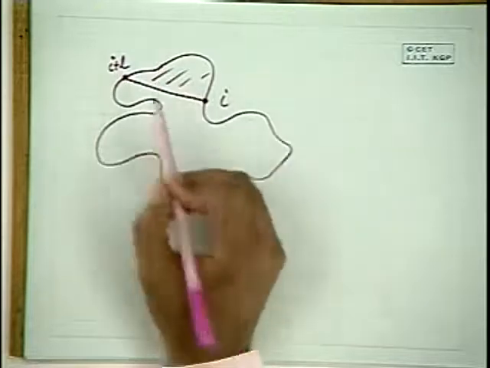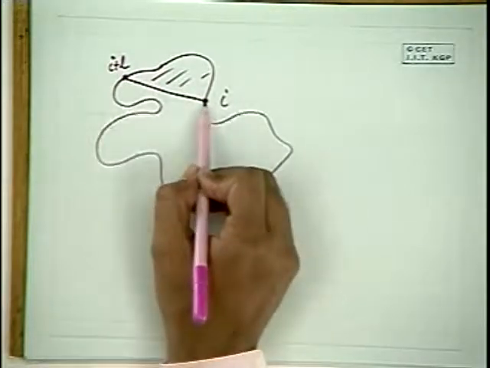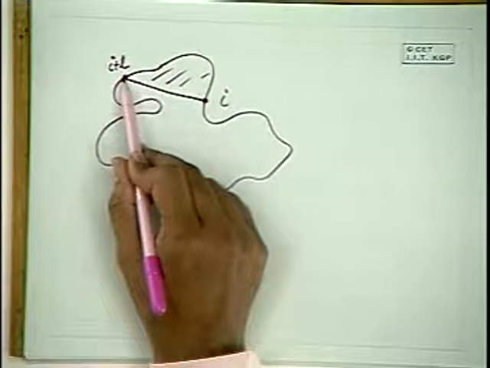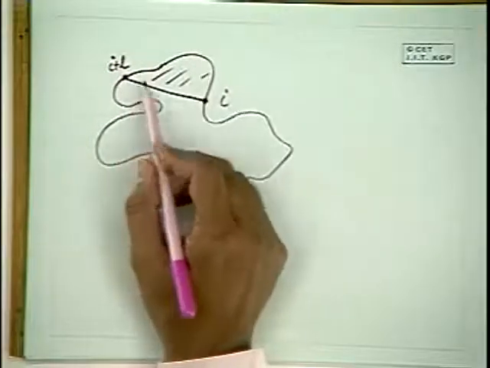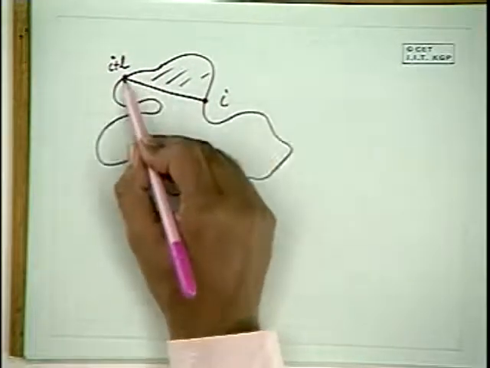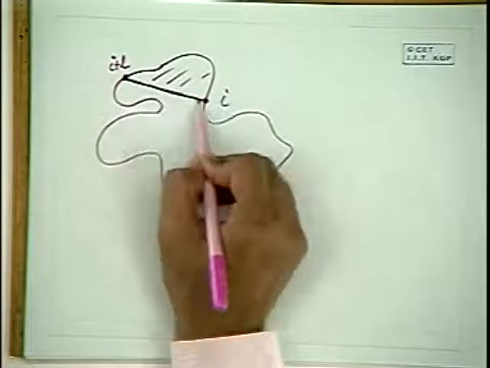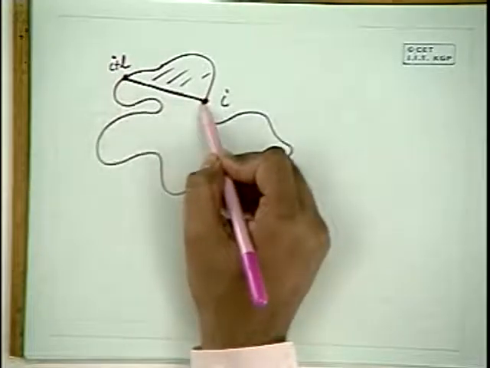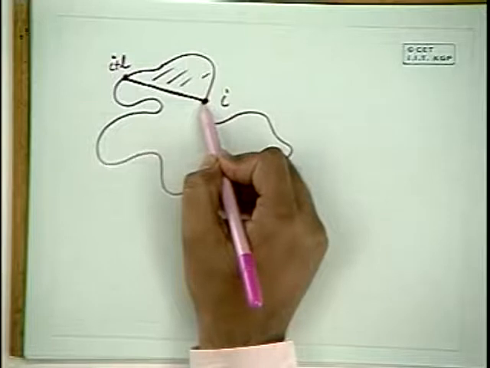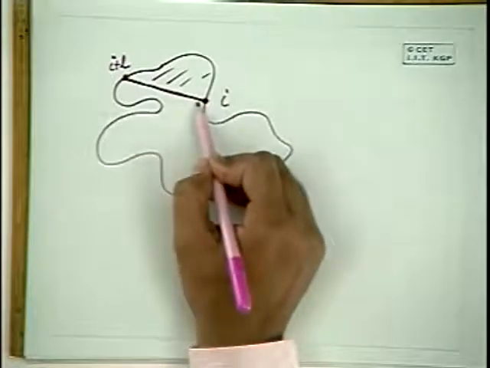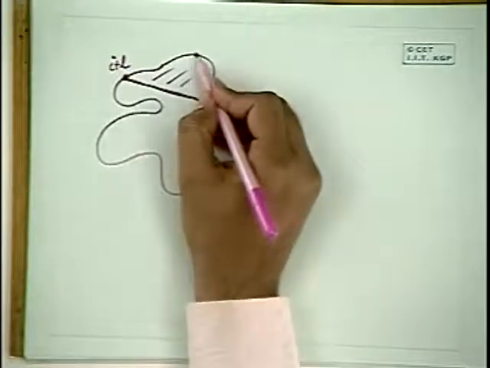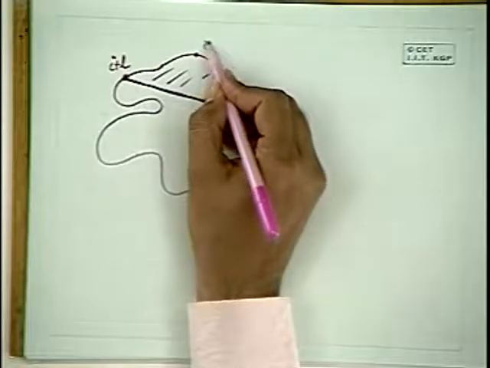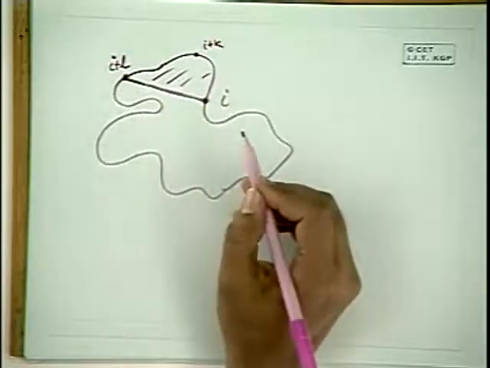So what will you do? Suppose you want to do that. Any optimal triangulation for this subpolygon must have a triangle which will be incident on this edge I and I plus L, right? One triangle at least will be incident on this edge. So let the triangle be somewhere here, say with vertex I plus k for some value of k.